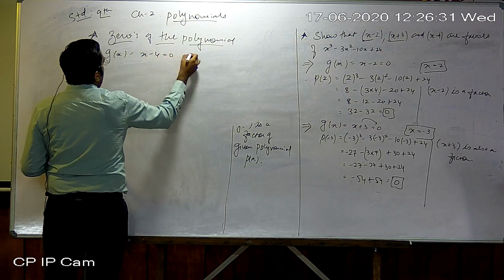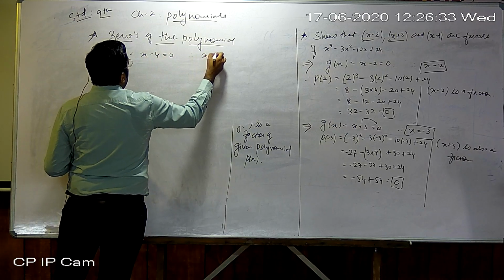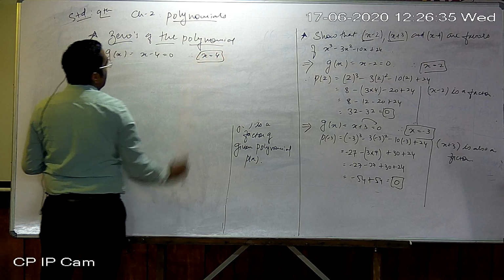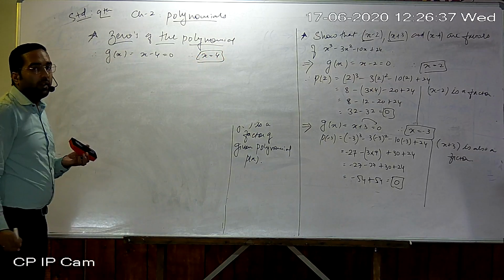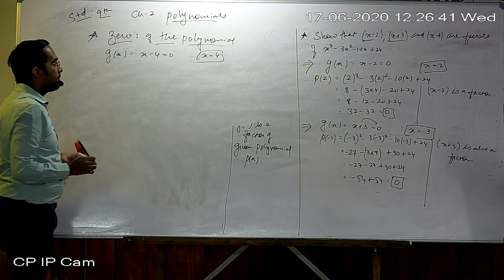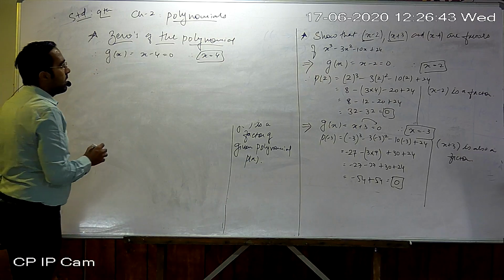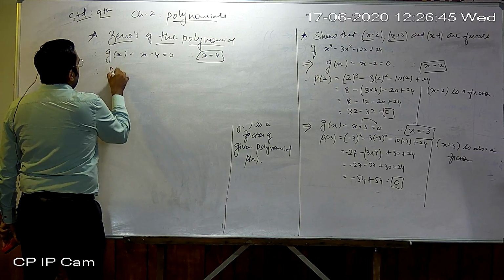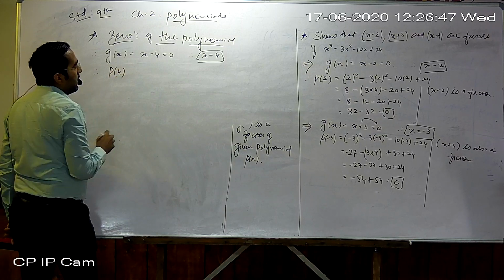So what is my value of x? My value of x is equal to 4. So I'll put the value 4 into p of x.